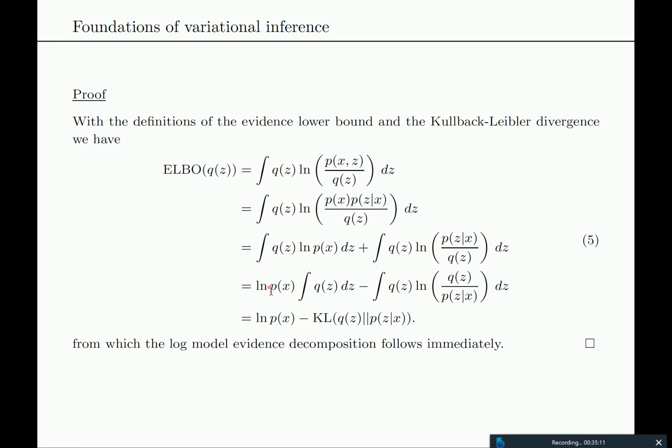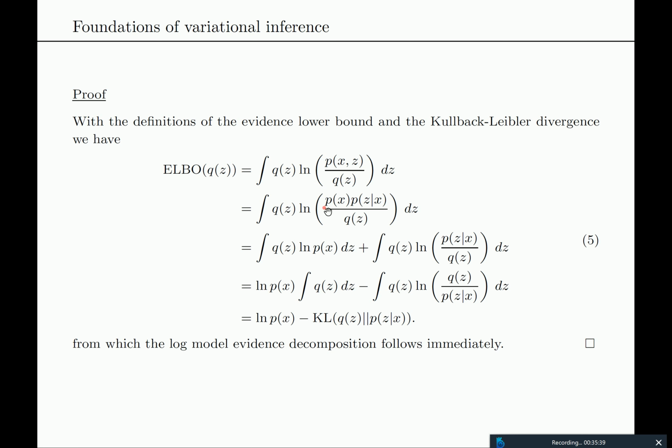This is the proof of the log model evidence decomposition that I give here, and it starts with how the ELBO is defined. So the ELBO is defined like this. Then this joint distribution we can split into a marginal distribution of the data and the conditional distribution of the latent variables.